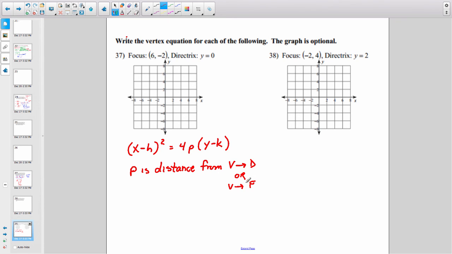So something else to remember, if your parabola opens downward, then your p is going to be negative.